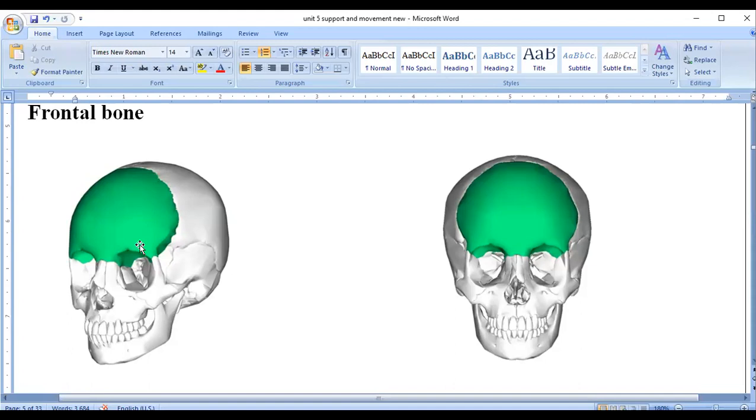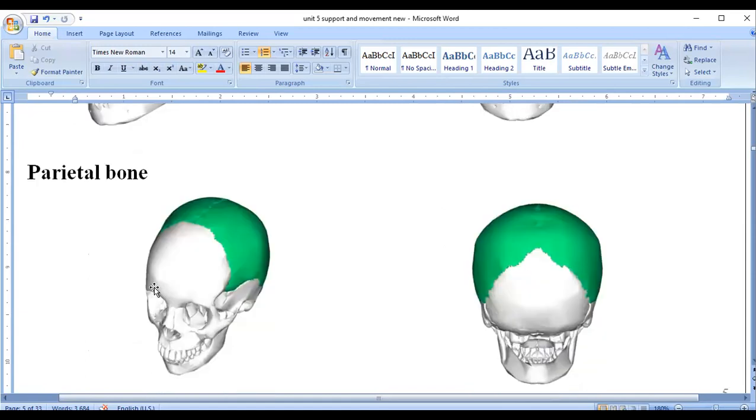Which bone is that? Frontal bone. What is shown here in green? The green color highlights the frontal bone, shown in different views.